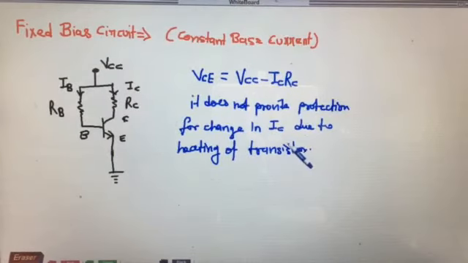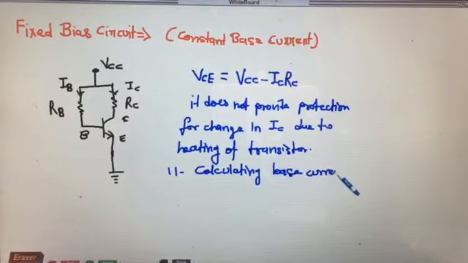The operating point in the fixed bias circuit can be determined by first calculating the base current IB.